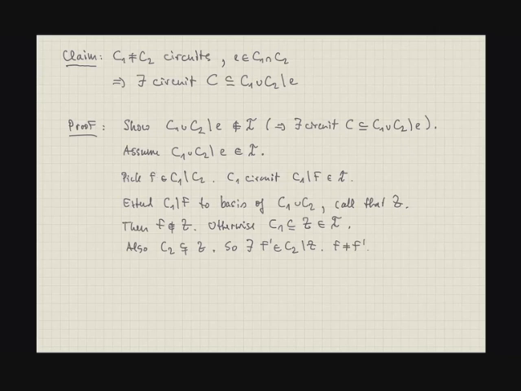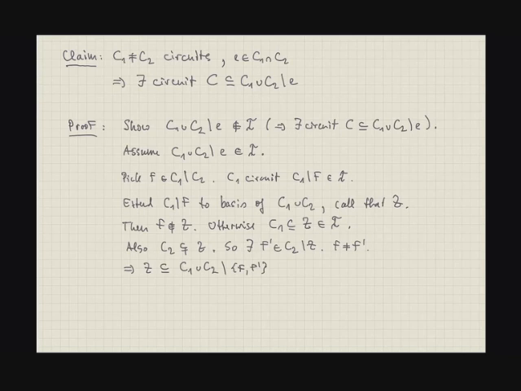Well, that is simply true because F was chosen to be in circuit number 1 but not in circuit number 2. So therefore the element F prime, which is a member of C2, cannot be F itself, which is not contained in circuit 2. So now I know that this basis Z, which was chosen to be a basis of C1 union C2, is not containing element F, and it's also not containing element F prime.